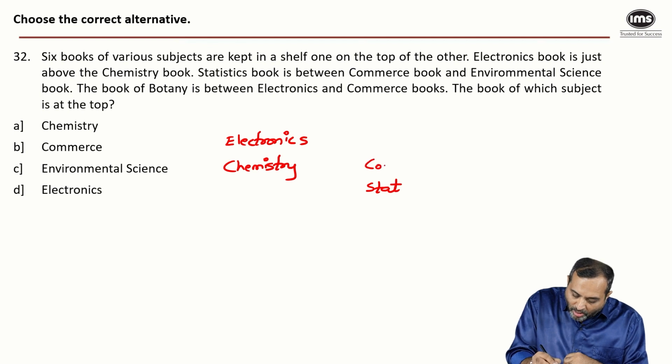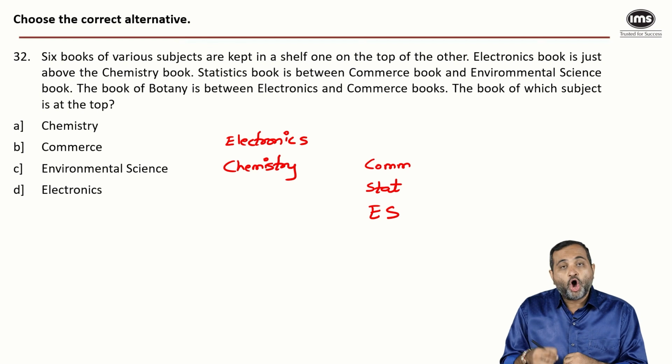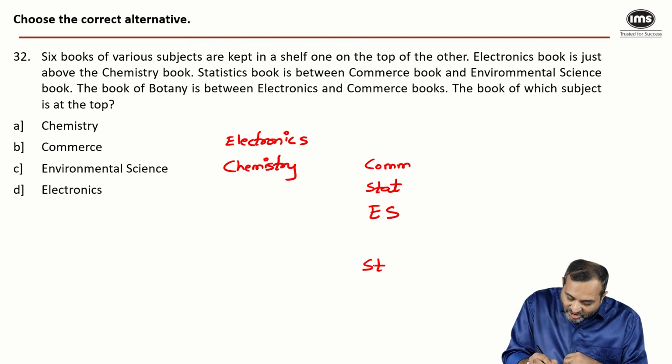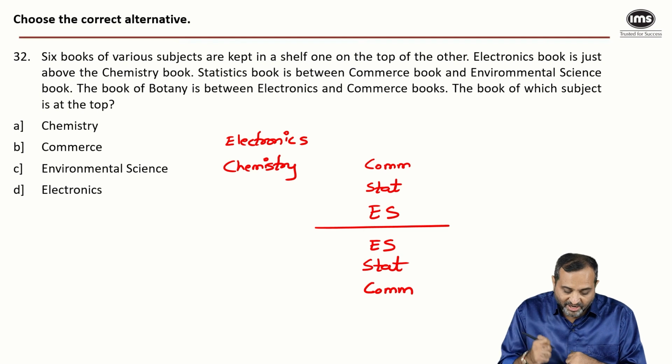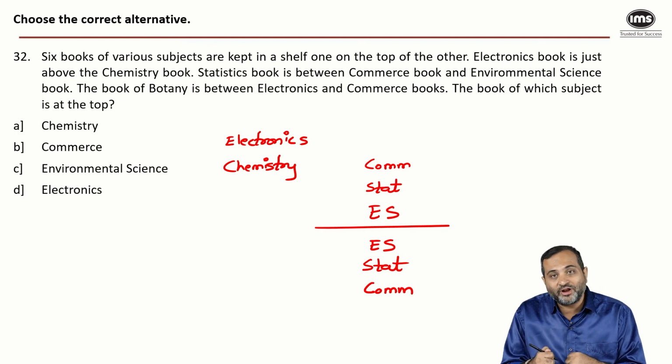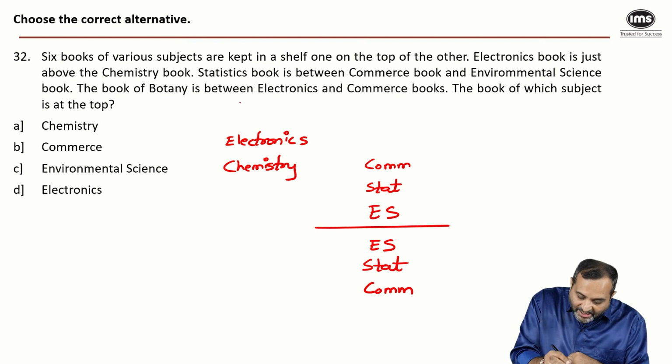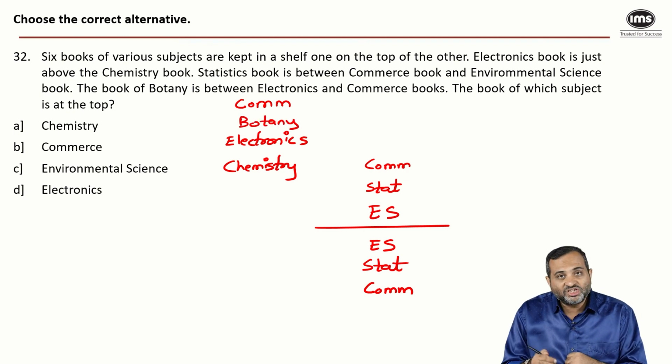I could get a commerce above it and environmental science below it, or I could get environmental science above and commerce below. Let's read further. The book of botany is between electronics and commerce. So can I say I will have a commerce here and then I will have a book on botany? All conditions taken care of.